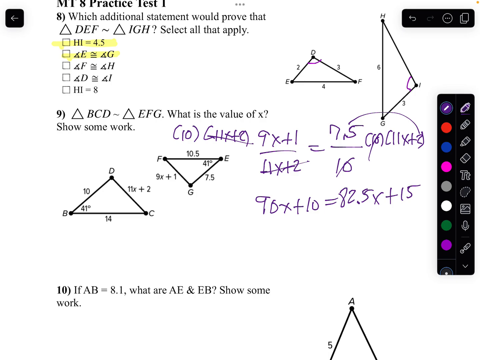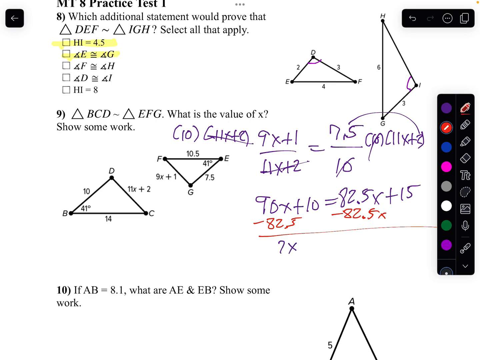Well, if I subtract 82.5x from both sides, we get 7.5x.